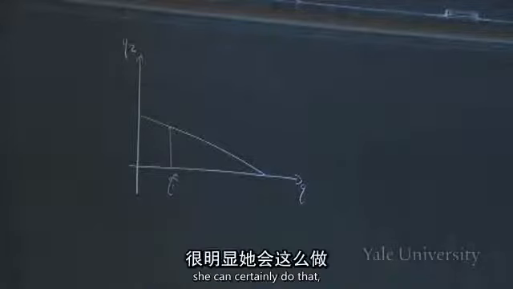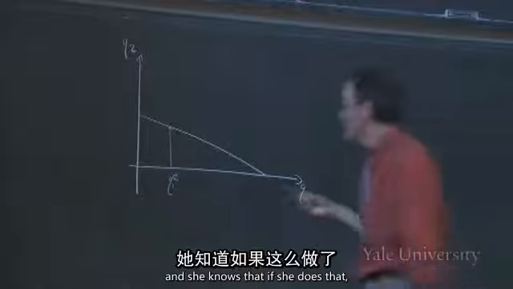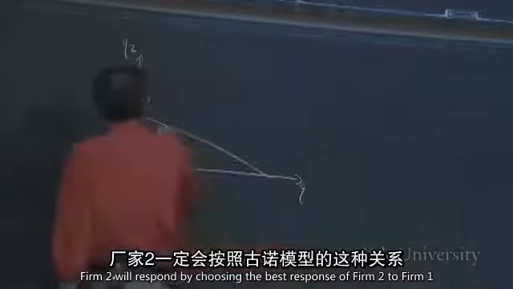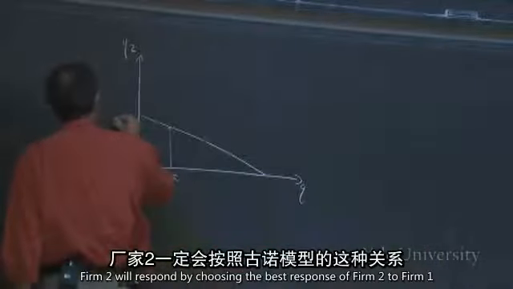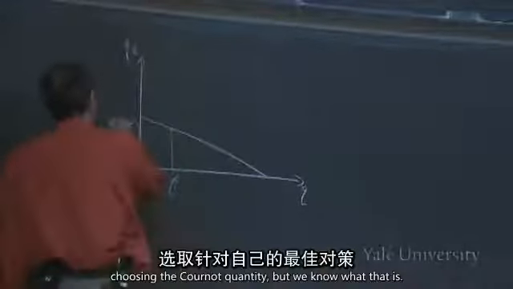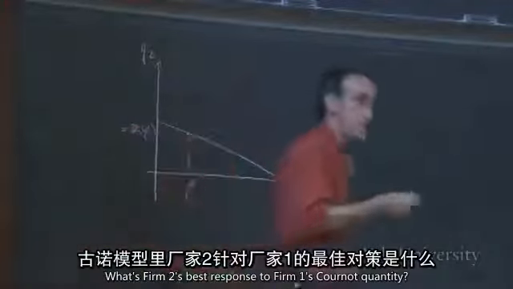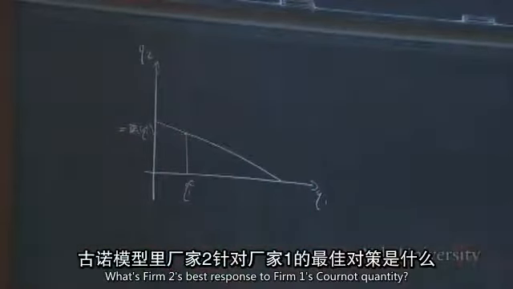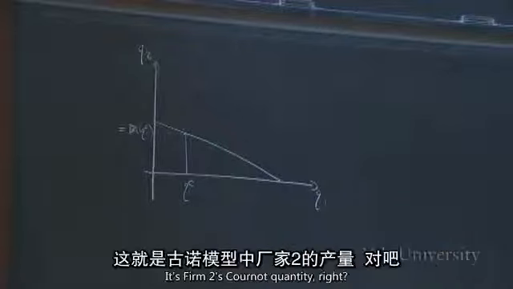She can certainly do that, and she knows that if she does that, firm 2 will respond by choosing the best response of firm 2 to firm 1 choosing the Cournot quantity. But we know what that is. What's firm 2's best response to firm 1's Cournot quantity? It's firm 2's Cournot quantity.